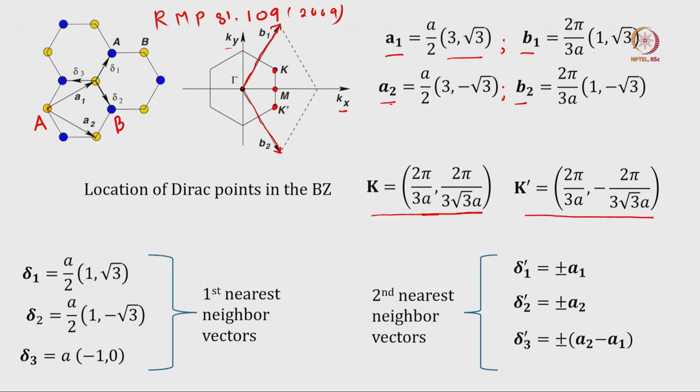So now we want to write a tight binding Hamiltonian with nearest neighbor hopping. These are the nearest neighbors.